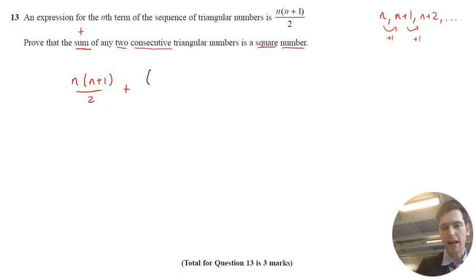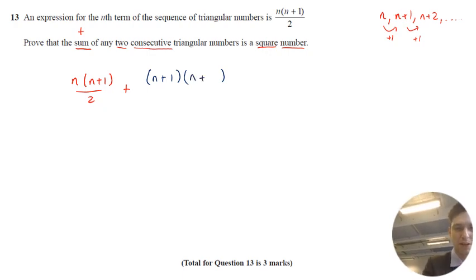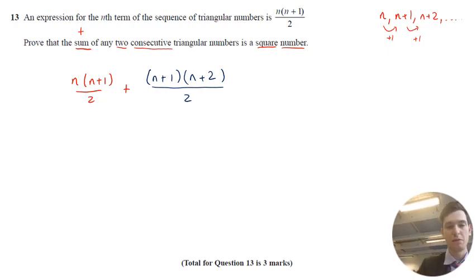I said instead of n, we're going to write n plus 1. So that n becomes n plus 1. And n plus 1, well, if I add 1 to that, what does it become? It becomes n plus 2. So that is an expression for the sum of two consecutive triangular numbers.